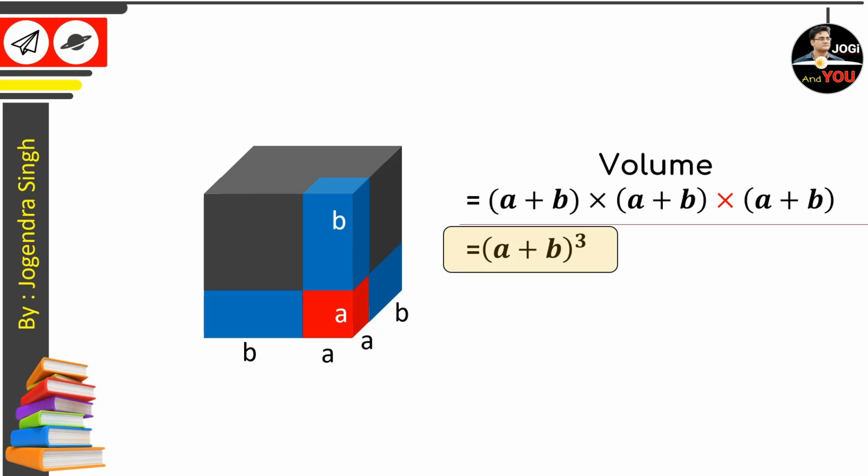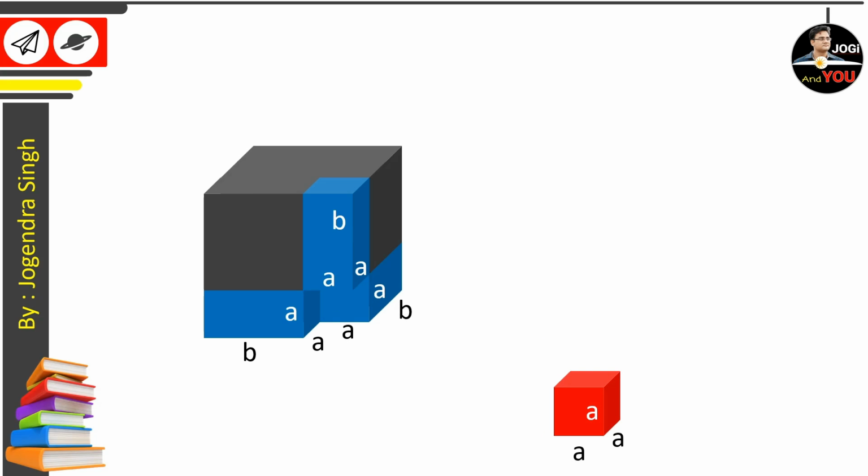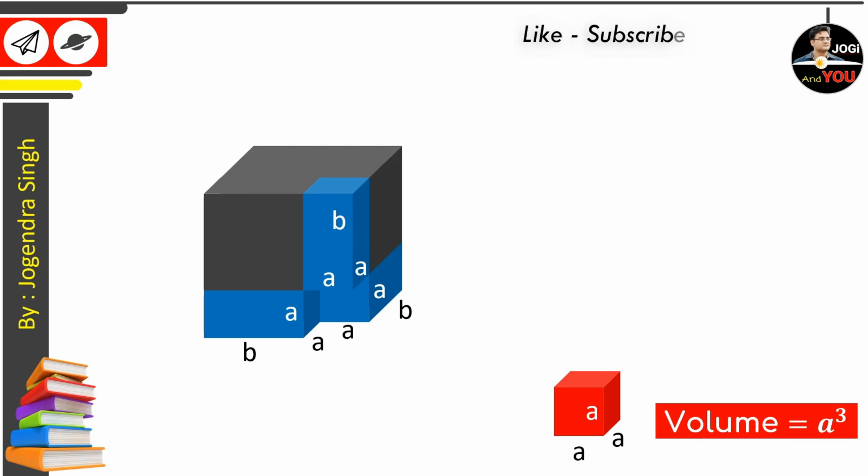Now let us break this down and see how to derive the formula for (a+b) the whole cube. First, I am going to pull this red cube out here, and you know that the length, breadth and the height of this new cube are the same, which is A. So the volume of this part is A times A times A, which is A cubed.